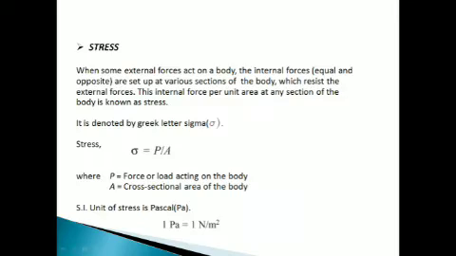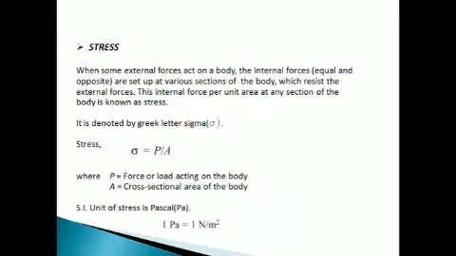Here is the formula for the stress. Sigma is equal to P by A, where P is load acting on the body and A is the cross-sectional area of the body. The SI unit of stress is Pascal.